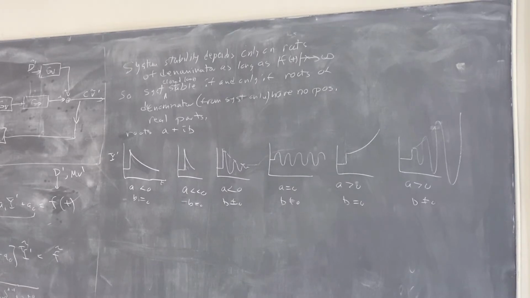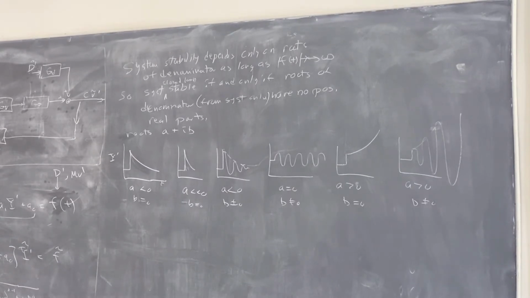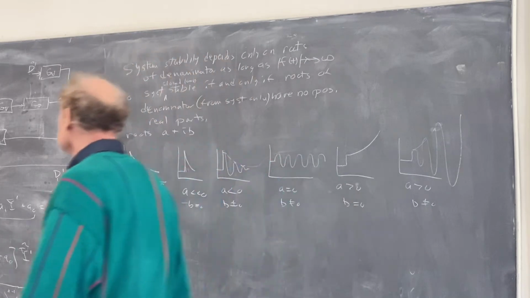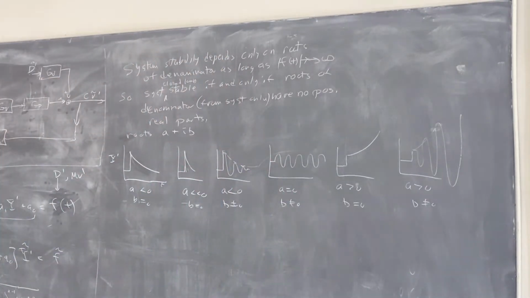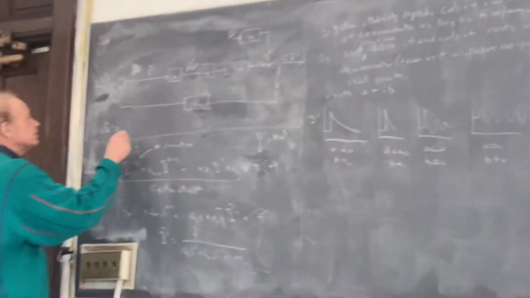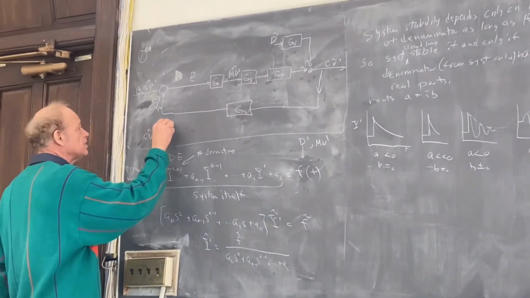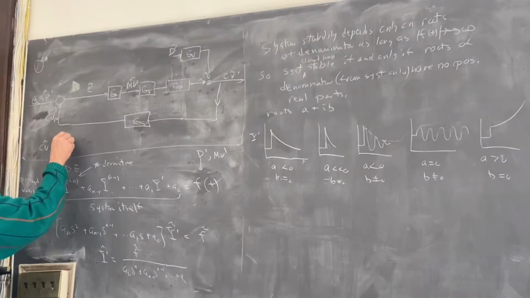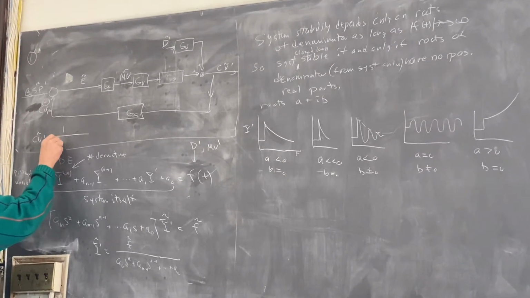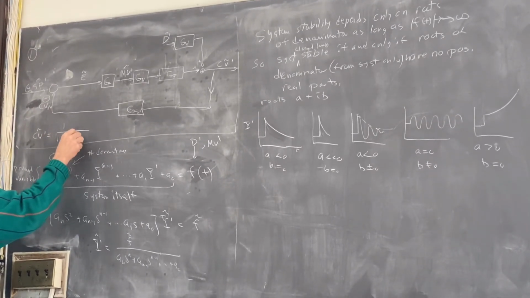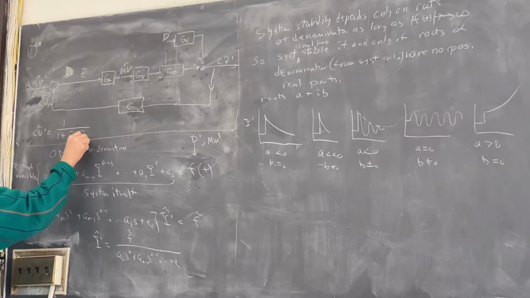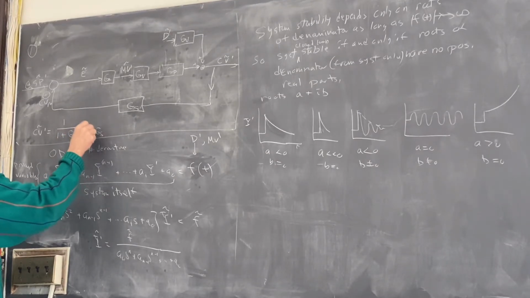Okay, so again, let's refer back to this, and let me just remind you of what CV prime tilde looks like. I have a denominator that's 1 over 1 plus GP, GV, GC, GS.